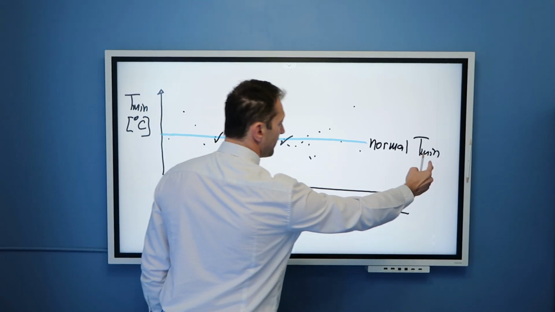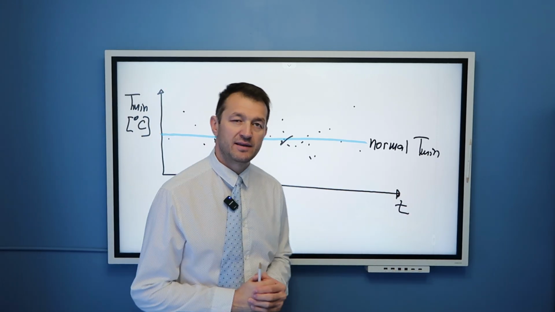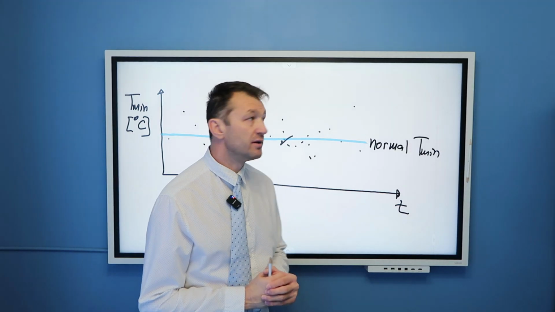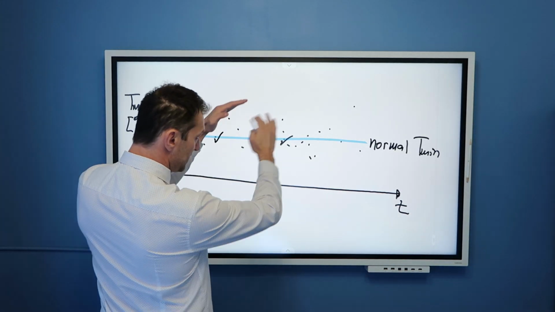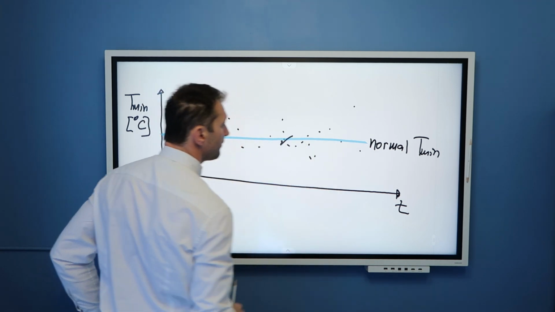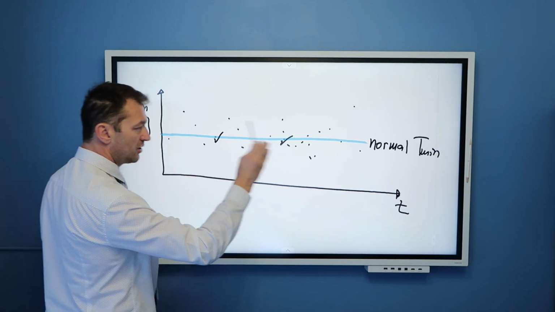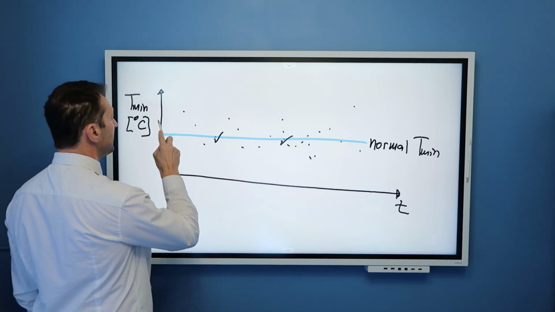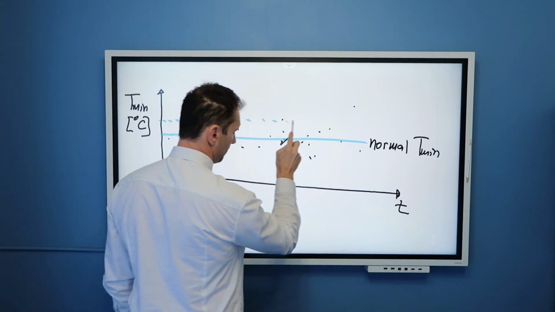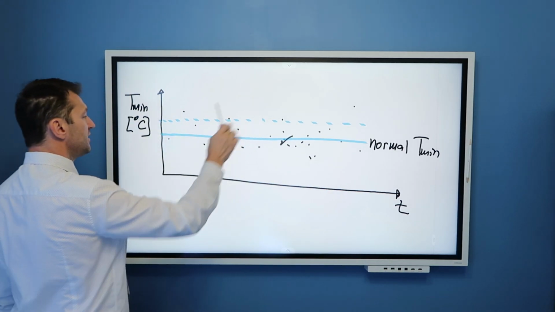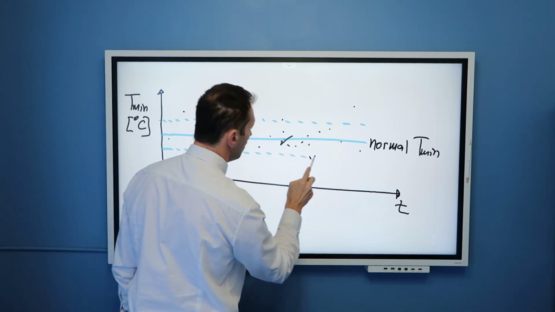To use this value, we have to calculate one more quantity, and that is called standard deviation. Standard deviation measures the spread of these data points around the arithmetic mean. So we calculate standard deviation, and I'll show you how to calculate it, and then we add one standard deviation above this line and one standard deviation below this line.